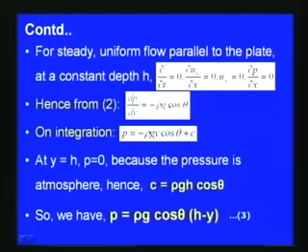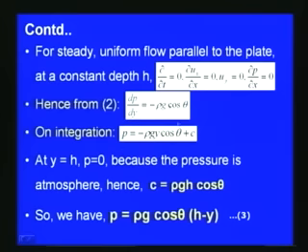We integrate this equation so that we get p is equal to minus rho g y cos theta plus c, the constant of integration. So we get an expression for the pressure in terms of the depth y, where rho is the density of the fluid.